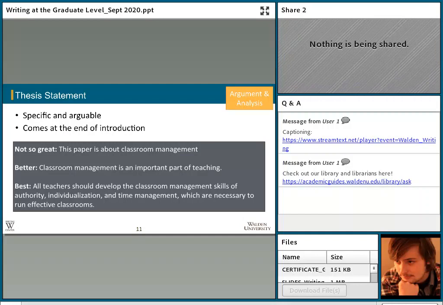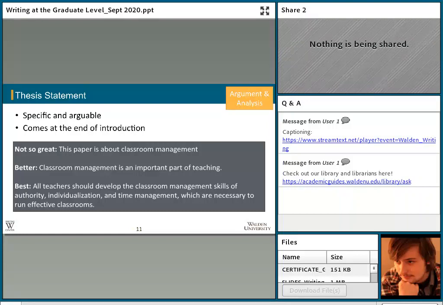Of these three, here's the best one, and this is what a thesis statement could look like. All teachers should develop the classroom management skills of authority, individualization, and time management, which are necessary to run effective classrooms. First of all, this is specific enough. We're talking about specific ideas of authority, individualization, and time management.